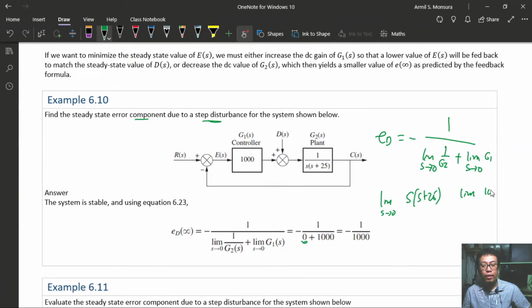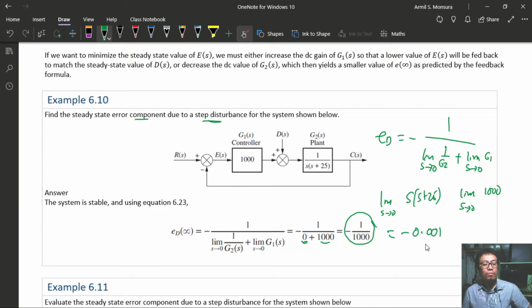So the limit of 1,000 as S approaches 0 is simply 1,000. Okay, so that is why we will have 1 over 0 plus 1,000. So yung error ninyo due to the disturbance signal is negative 1 over 1,000 or negative 0.001. Tama. 1 over 1,000. Yan.